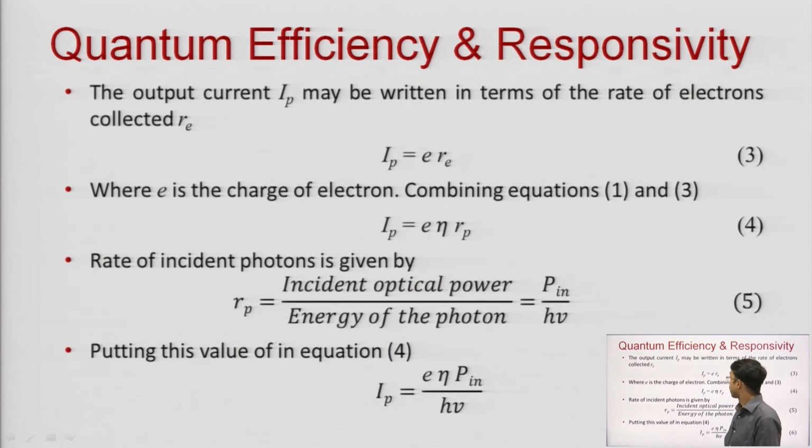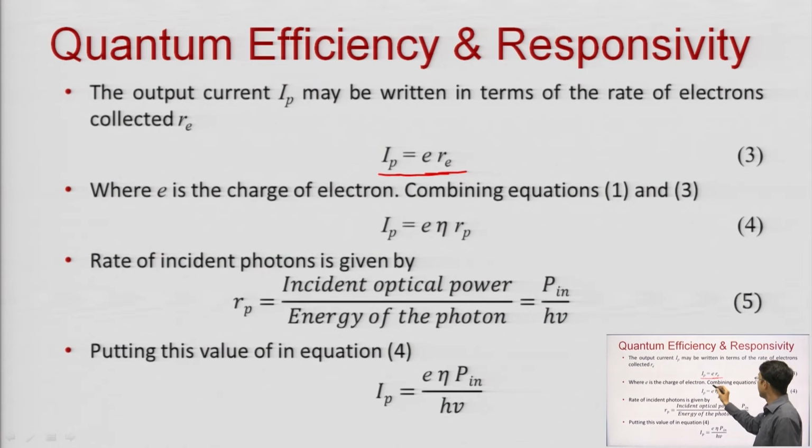Over here, this is the rate of electrons collected, number of electrons per unit time, and this is the charge of a single electron E. So, what is this? Charge collected per unit time, charge per second. What is charge per second? Charge per second is current. Okay. So, the photocurrent, the output current IP, may be written as the charge of a single electron times the rate of electrons collected.